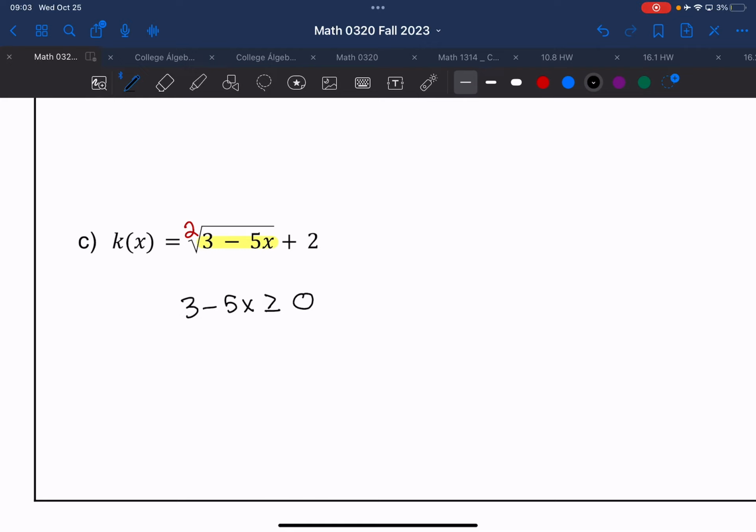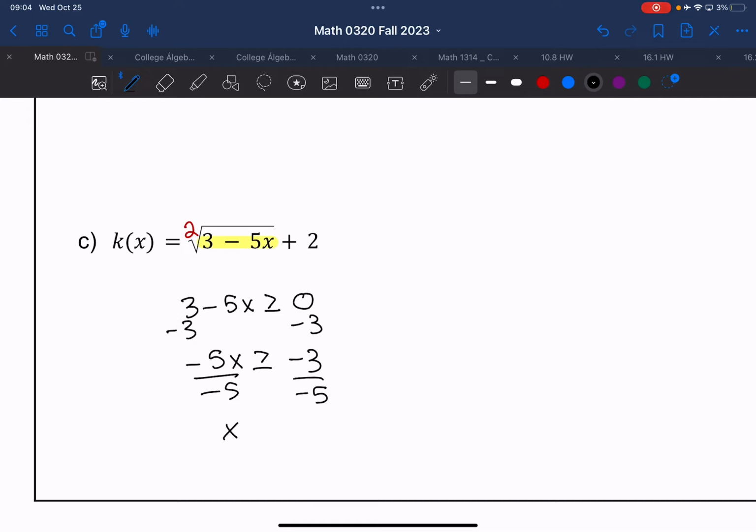So what are we going to do first? Minus 3. So we have to get rid of that minus 3 first before we mess with the 5 in front of the x. Does that change the inequality? No. Now what do we need to do to get x by itself? Divide by -5.